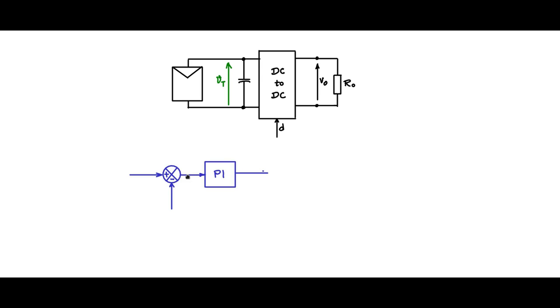The output of the PI controller, this will be a DC value. Now this has to be converted to time in order to get duty cycle signals. So we need to do a pulse width modulation. So depending upon the DC value, there needs to be a voltage to time conversion. So that involves a comparator like this, and to this comparator, another input, we will give the carrier signal, a triangular carrier.